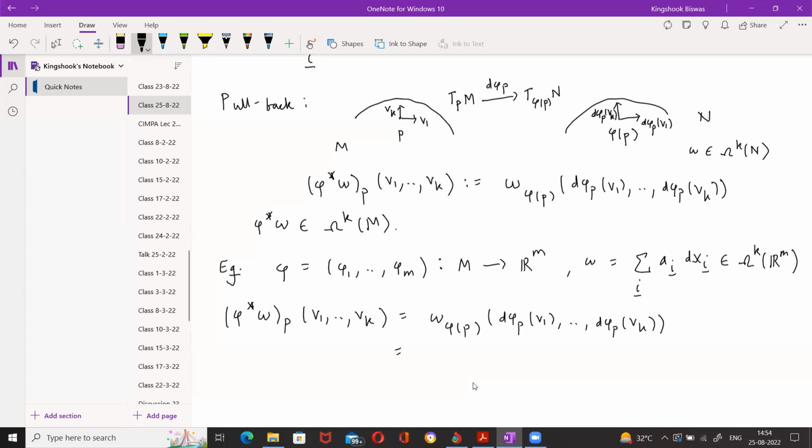So this is sum over I bar of a I bar d x I bar applied to these k vectors.